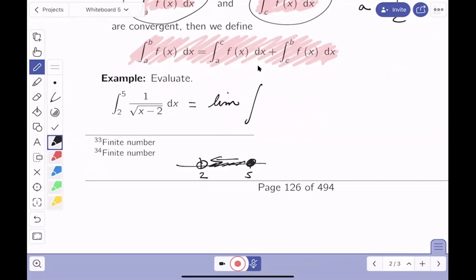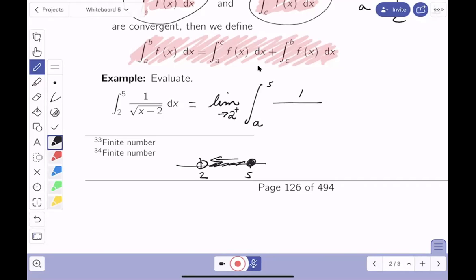So let's write this down. We're going to approach the 2. I'm going to call that A. I'll put this over here: the integral from A to 5 of 1 over the square root of x minus 2 dx, and we want to approach 2 from the right side.